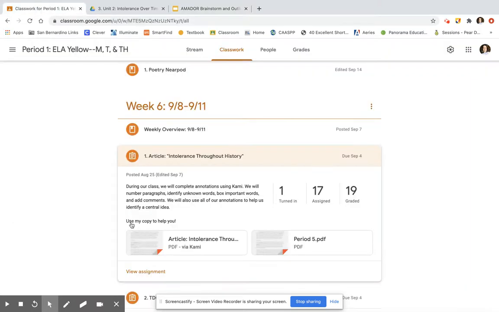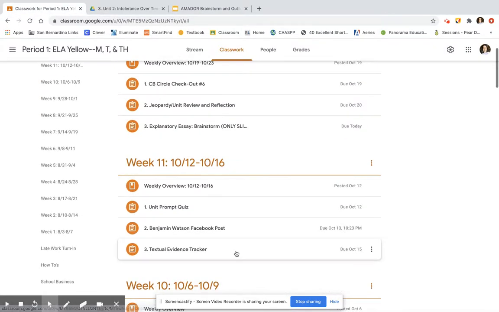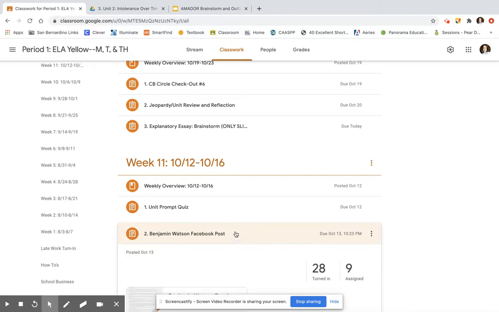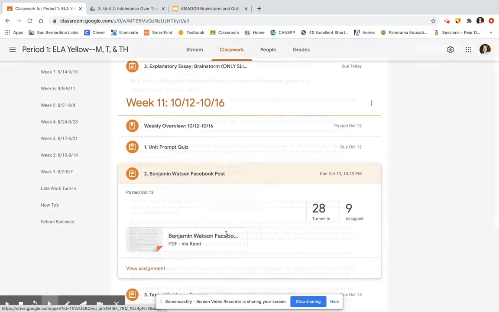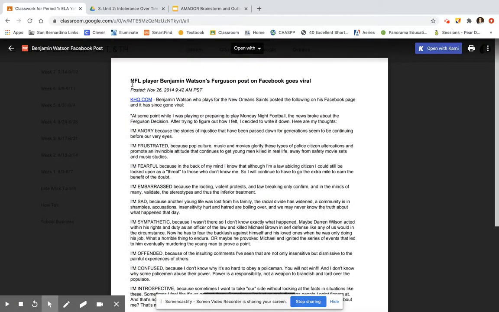The second thing that we read, we just read last week. It was the Benjamin Watson Facebook post. So again, this is an article. The title is NFL player Benjamin Watson's Ferguson post on Facebook goes viral. And it was published by khq.com.